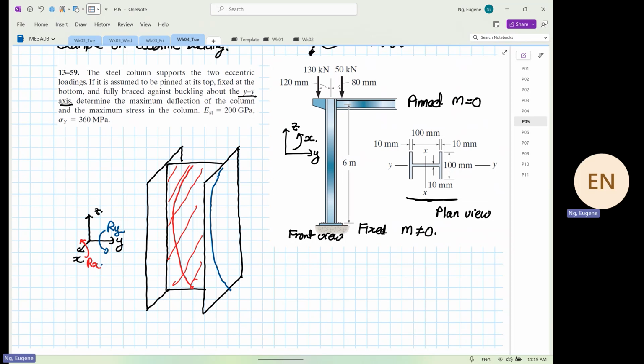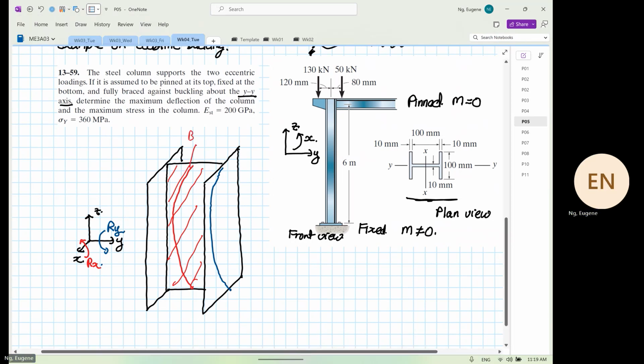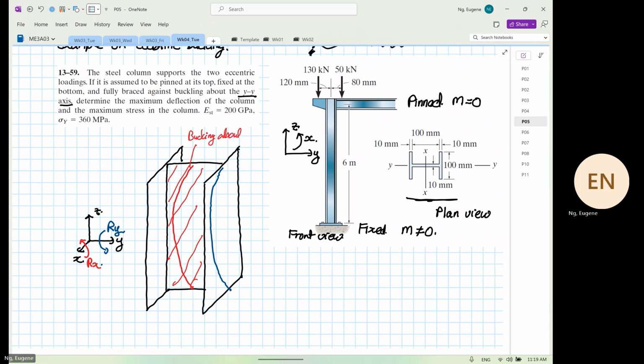So in red, this is buckling about the X axis. Why? Because it's rotating about the x-axis.